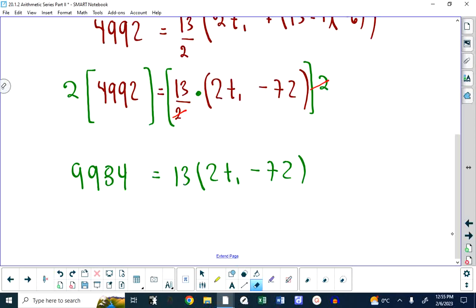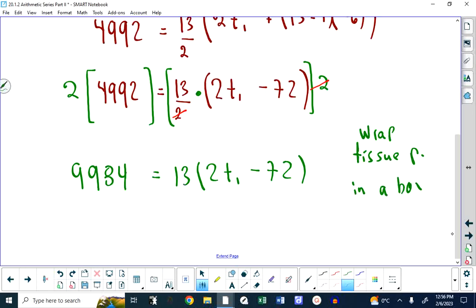I want to write this down so you can look at it. I've wrapped it in tissue paper. I put it in a box. I've wrapped the box in paper.